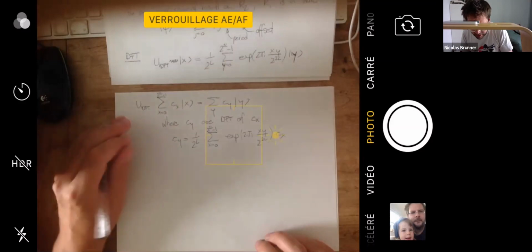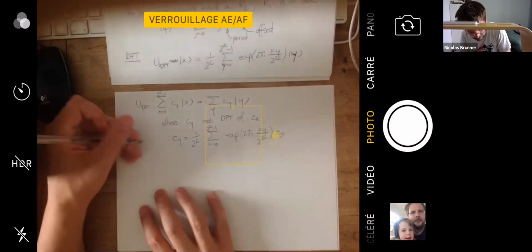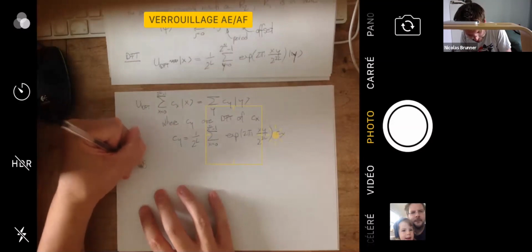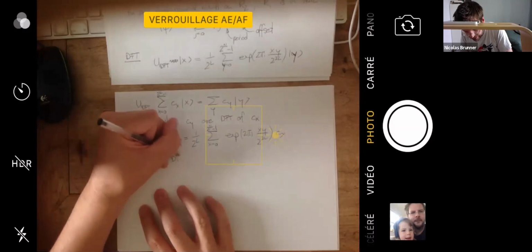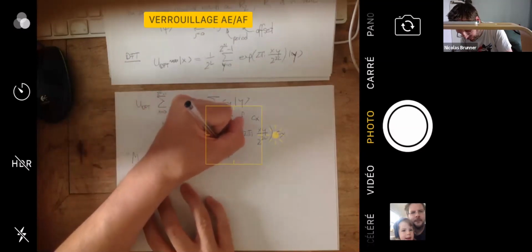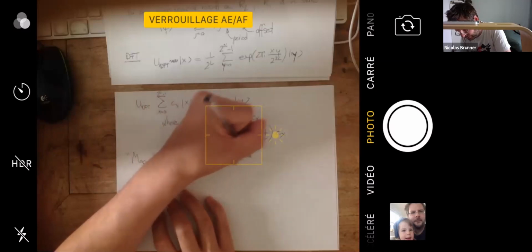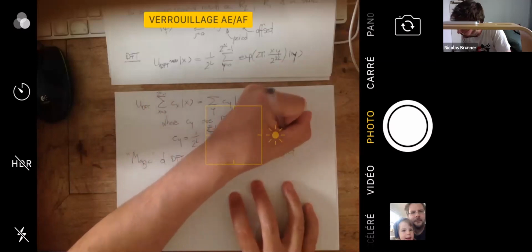Now why is this DFT useful? Somehow the magic of the DFT is to wash out the offset.